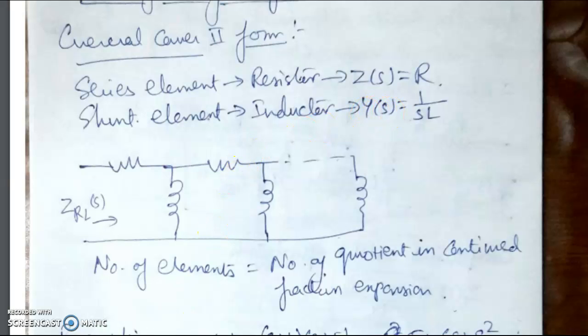Again, as in the case of Cauer 1 form, the number of elements in the ladder network is equal to the number of quotients in the continued fraction expansion.